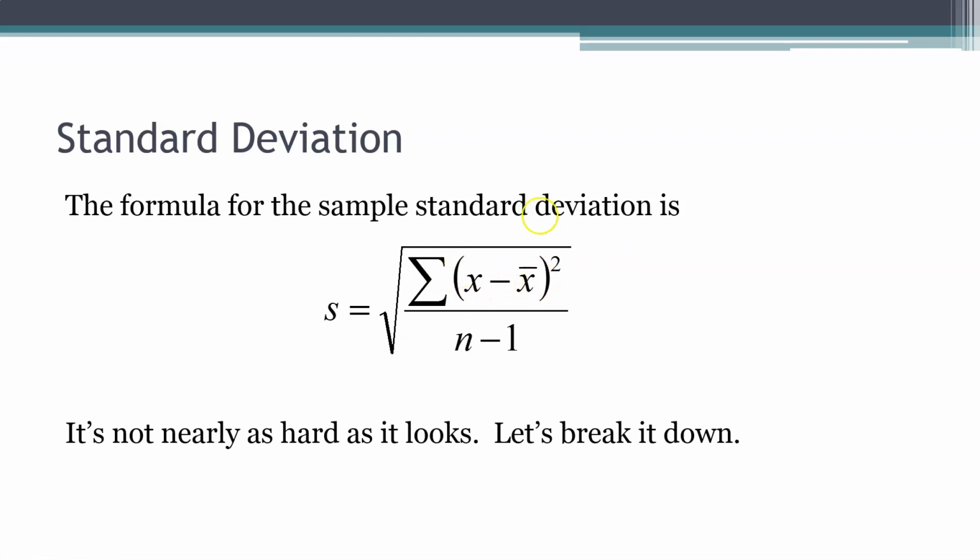So we're going to take every observation, subtract the mean from it, and square the result. And then we're going to add all of those up, divide by the sample size minus 1, and then take the square root of the whole thing.